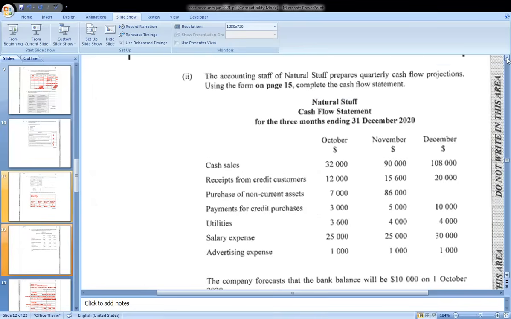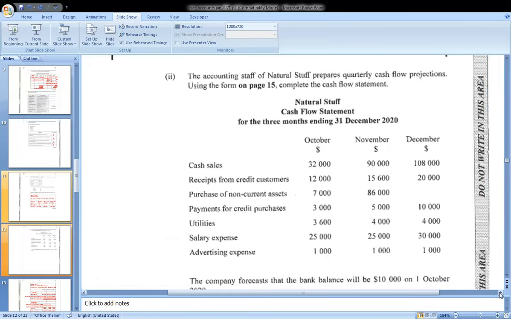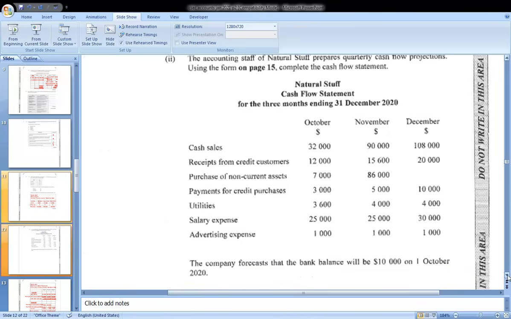So here we have the second part of B. The accounting staff of Natural Stuff prepares quarterly cash flow projections. Using the form on page 15, complete the cash flow statement. So we have Natural Stuff cash flow statement for the 3 months ending 31st of December.